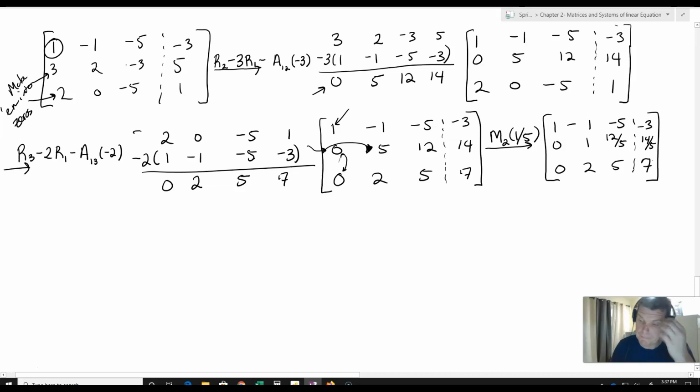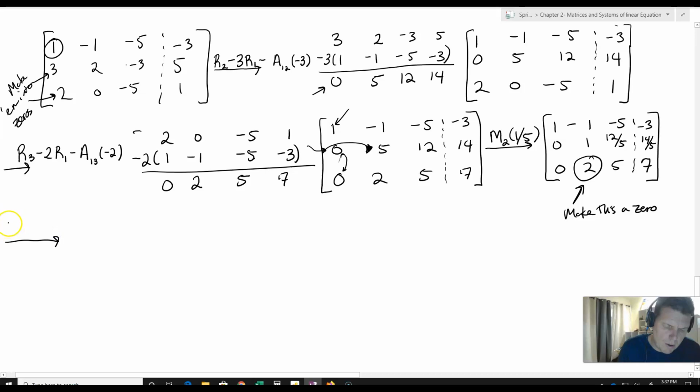Okay. What I now need to do is get a 0 down here. I want to make this a 0. So what I'm going to do is I'm going to take row 3 minus 2 row 2. So row 3 is 0, 2, 5, 7. Row 2, so this is -2 times 0, 1, 12/5, and 14/5.